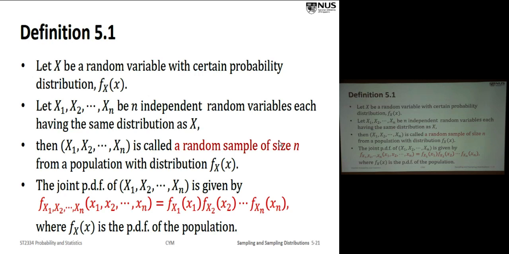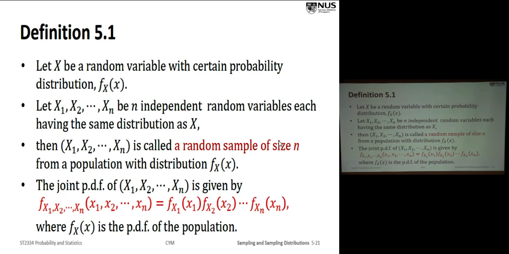So we have a random variable capital X with a certain probability function. It could be a mass or density function. Now we take a finite sample of these random variables, x1 up to xn, which has the same distribution as x. Then x1 up to xn is a random sample of size n from a population with distribution f if they're independent.